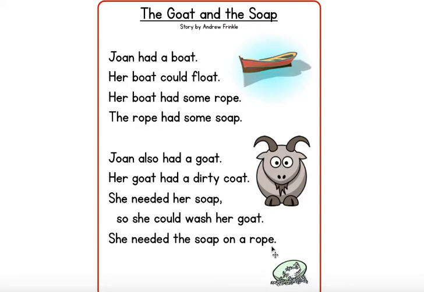So you see that there are several words that are repetitive here, right? We found goat has OA as long O. Soap, OA as long O. Joan, OA as long O. Boat, OA as long O. Float, OA as long O. And then rope has O blank E, this combination.